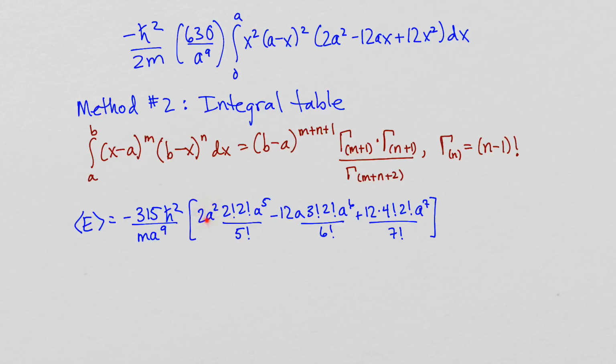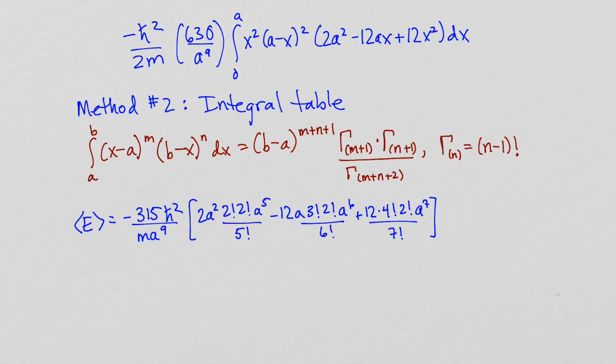Okay, so these initial terms up here are essentially coming from this part, and then all of our factorials are coming from using our integral table for that part. Okay, and then don't forget you evaluated once again from your limits 0 to a here, so that's where our x's again disappeared and got subbed in with an a.